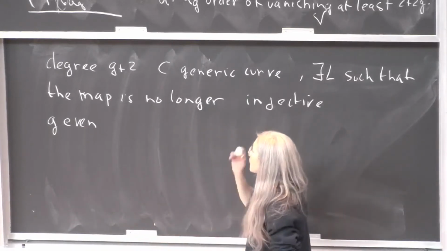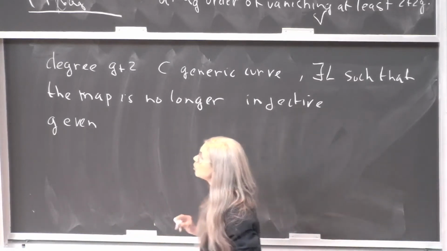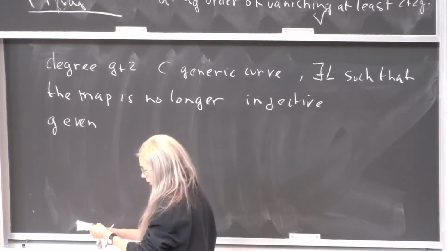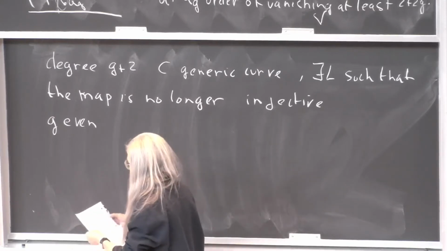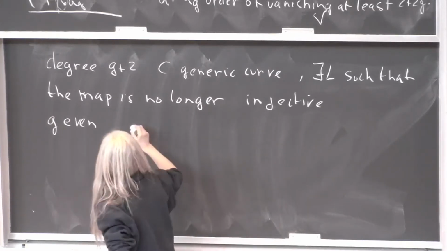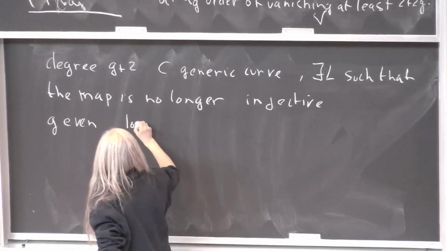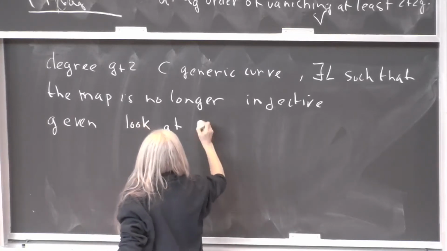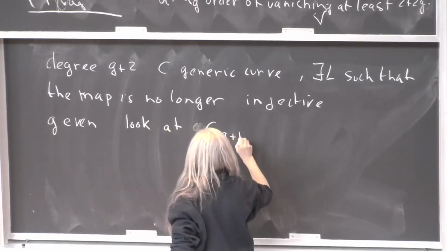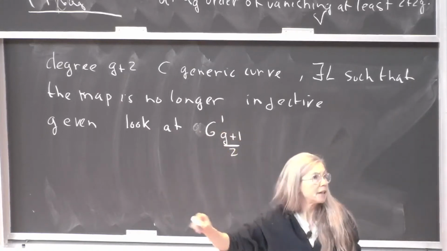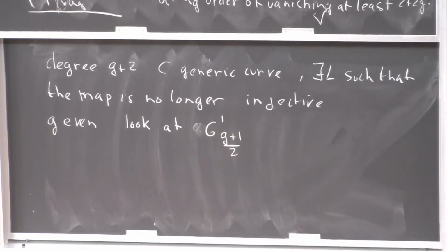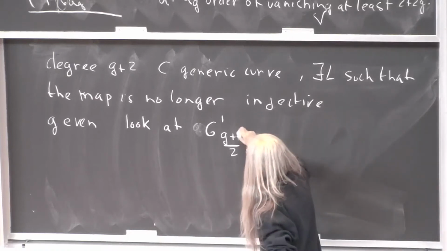So g even, and I am going to look at line bundles of degree g plus 1 over 2, and then you compute the Brill-Noether number. Yes? I want g even. Let me see. All right, you're right, because I want g plus 2 over 2. Thank you.